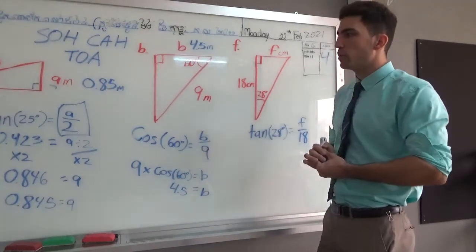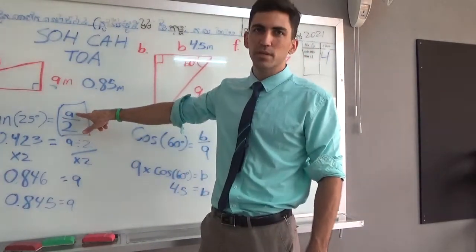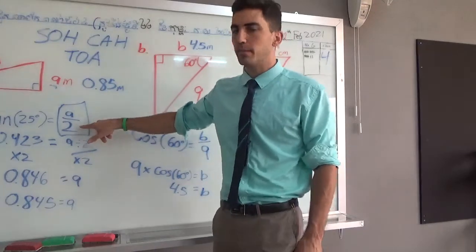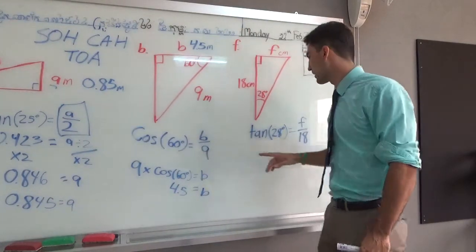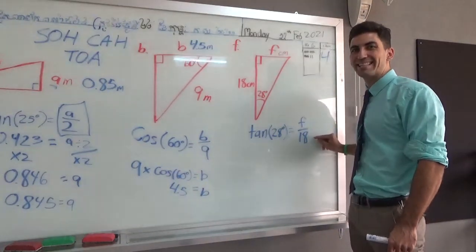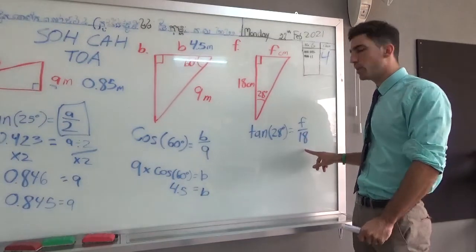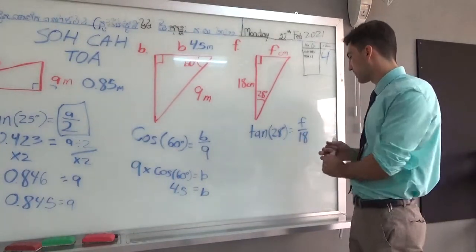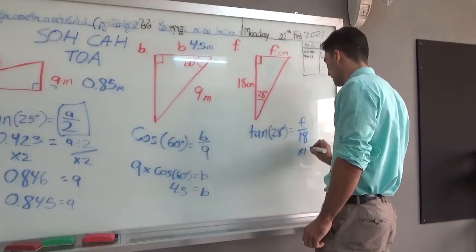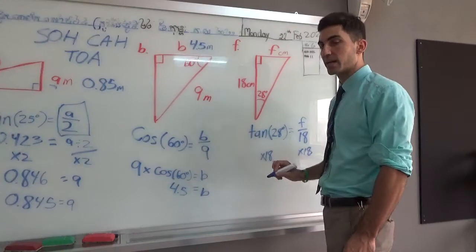All right. Well, just like the other two that we've had so far, our A was on top, our 2 was on bottom, our B was on top, our 9 was on bottom. Our f is on top, our 18 is on bottom. We'll do the same exact thing. We will multiply 18 to both sides in order to get f all by itself.